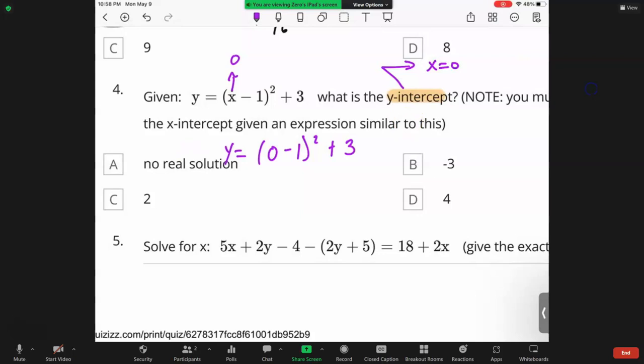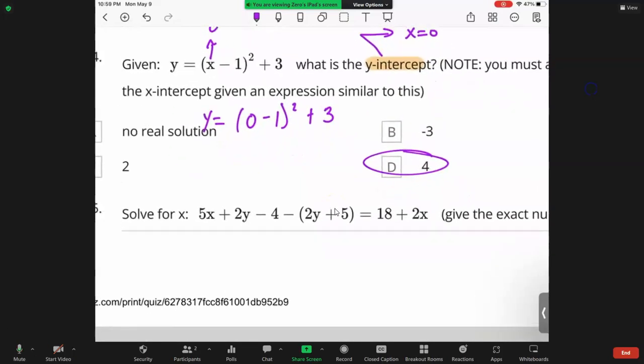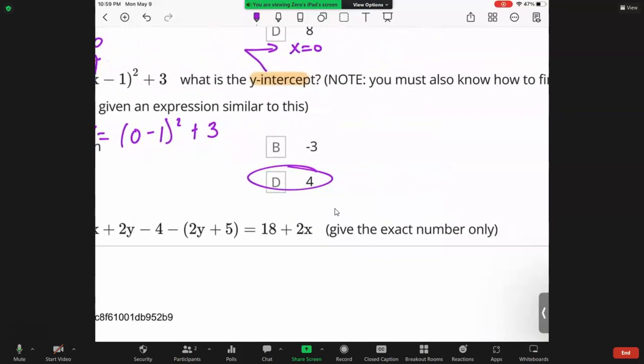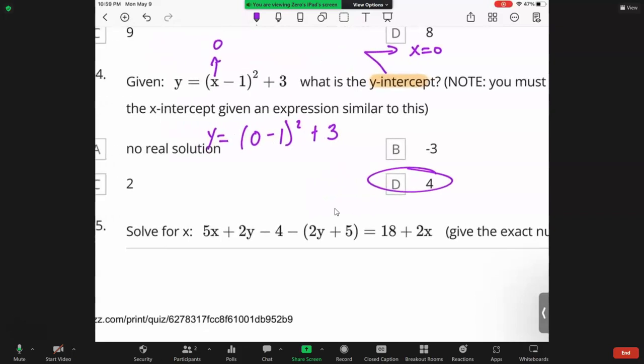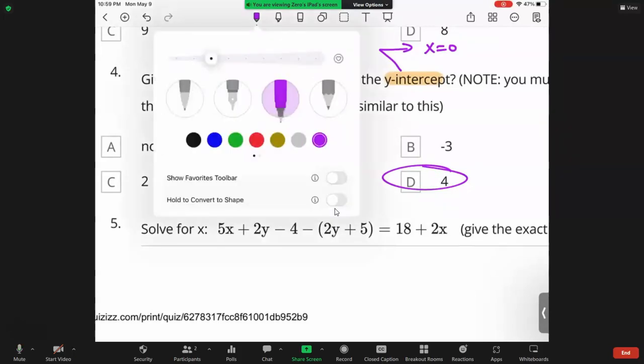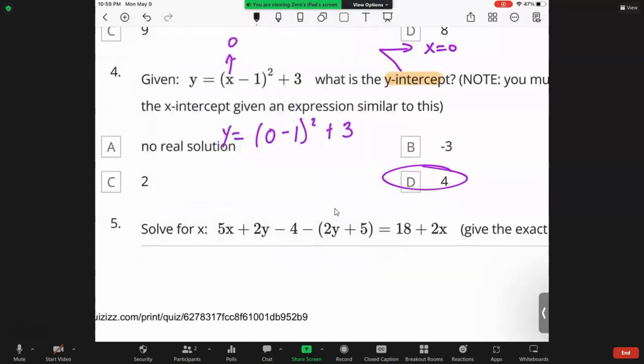Number 5. Solve for x. Give the exact number only. So there's no multiple choice here. Just give the number. Is it 5, 11, whatever it is, right? So 5x plus 2y minus (4 minus 2y plus 5) equals 18 plus 2x. Now remember, right here, there's a negative 1 right there. So multiply it in. Don't bring everything down.